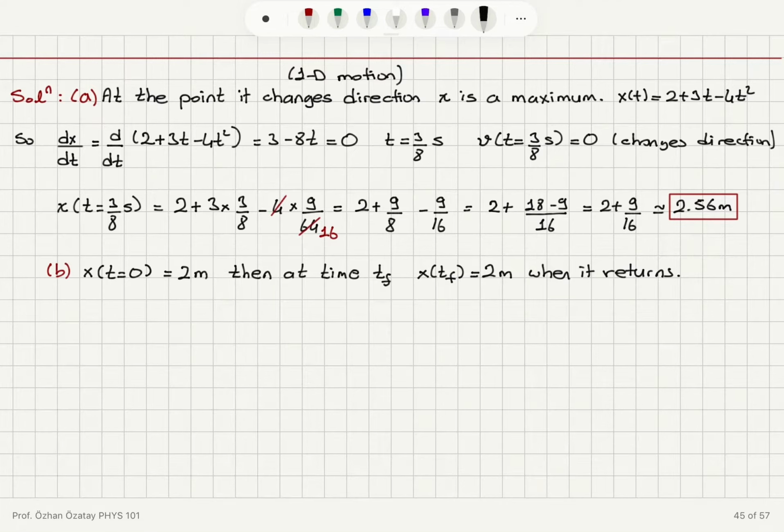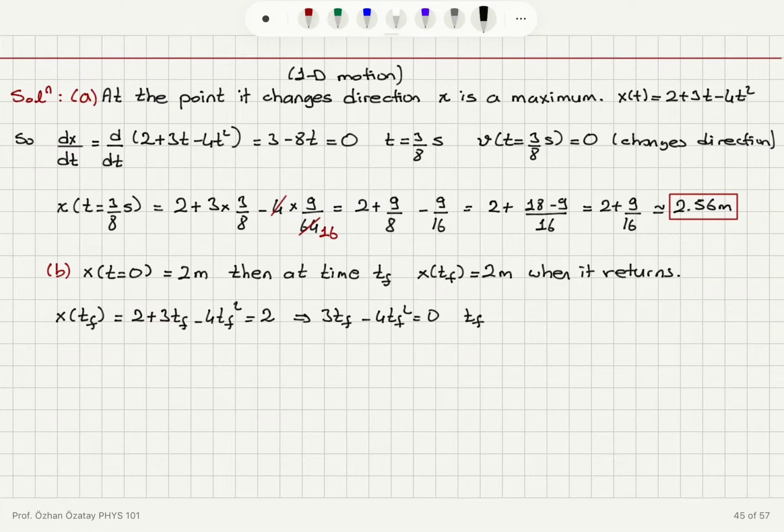So the question is, when does that happen? So let's take a look. x at t final is 2 plus 3t final minus 4t final squared. This is going to be equal to 2, the original position. So that means I have 3t final minus 4t final squared is equal to 0.